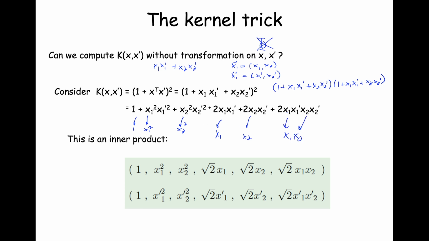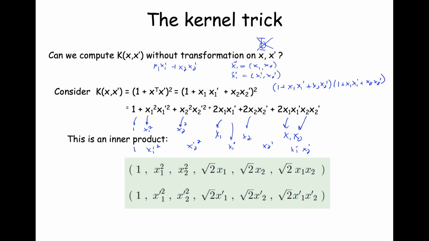And then for the other contribution, there's a 1. We have an x1 prime squared. We have an x2 prime squared. We have an x1 prime. We have x2 prime. And then we have an x1 prime, x2 prime.